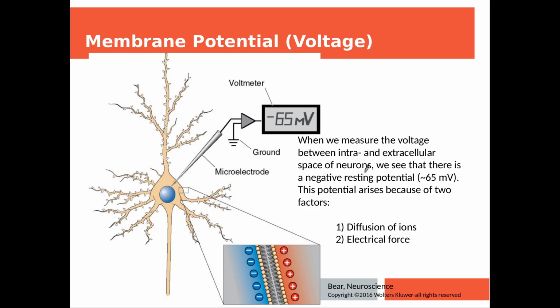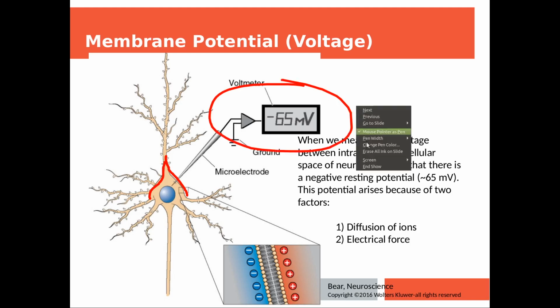So because of certain chemical and physical forces, the diffusion of ions and the electrical force, the inside and the outside of the neuron cell will actually hold a potential difference, a difference in voltage, right?